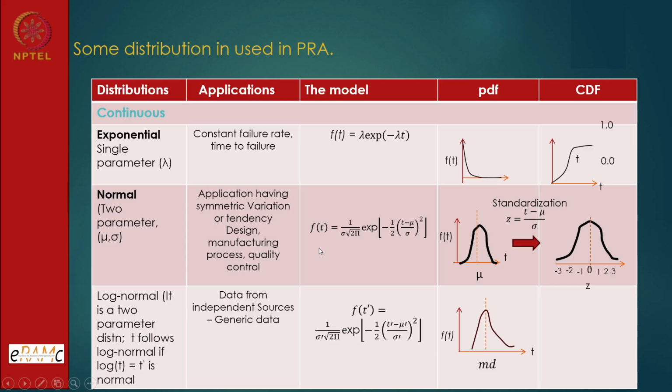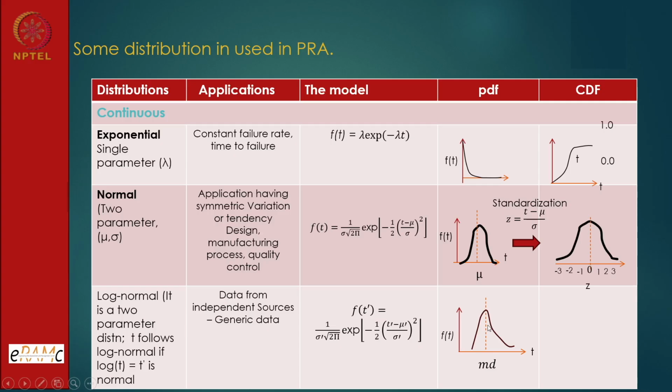For the log normal, F(t) is given using ln of t, the original parameter, and sigma t, the standard deviation of the log normal distribution, with exponential minus ln t minus mu t divided by sigma t whole squared over 2. Here is the median value, not the mean. It is the median value of the log normal distribution.